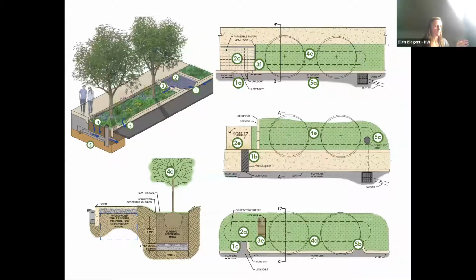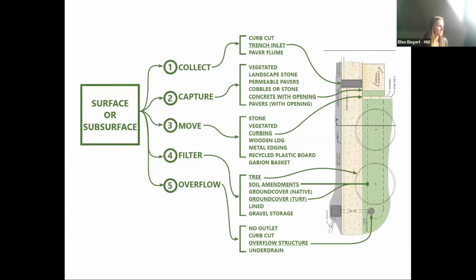After the design matrix is the typical layout section, where it just takes some of these components, the 1 through 5, and puts them into samples of, if you went through the design matrix and selected certain things, what would it start to look like in plan view, and then also in section, just to give an idea of combining some of these.